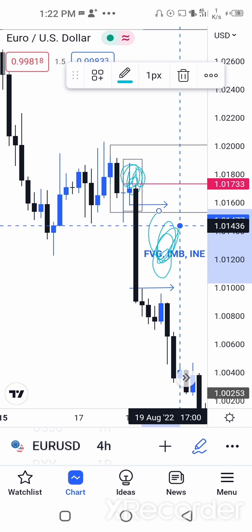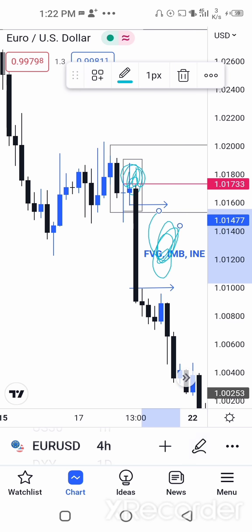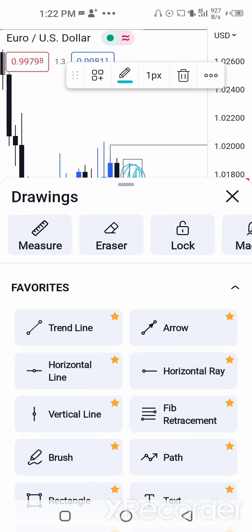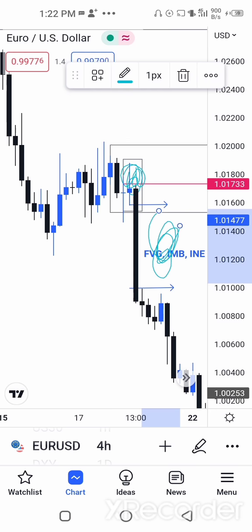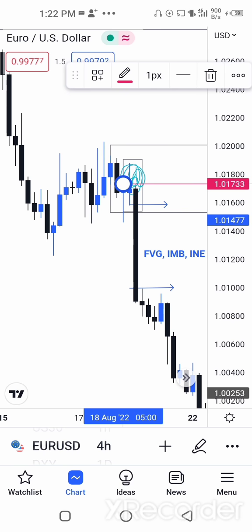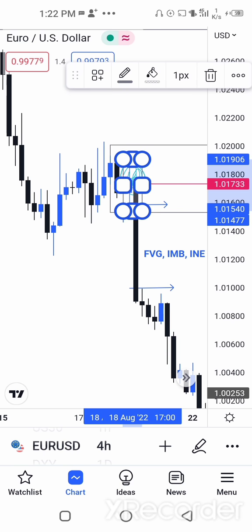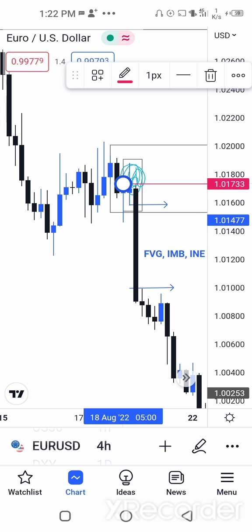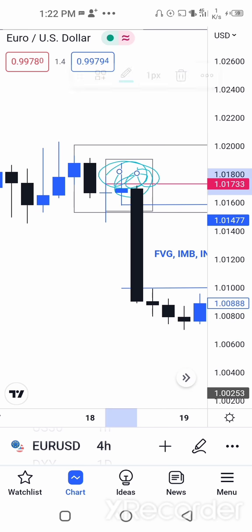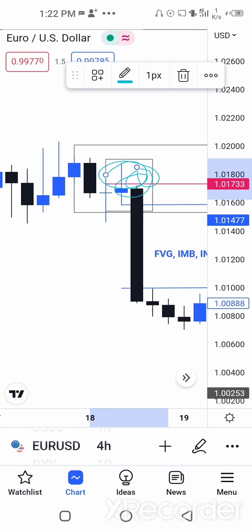You can see that when price gets back to fill that imbalance, it mitigates it and gives us a signal to tag along in the move that the market gave us. That is what we mean by the imbalance, the inefficiency, or the fair value gap, whatever you want to call it.